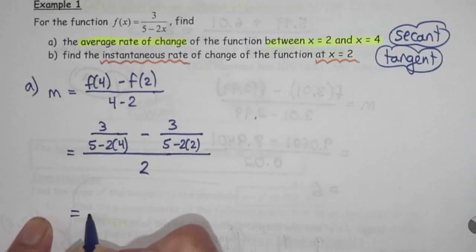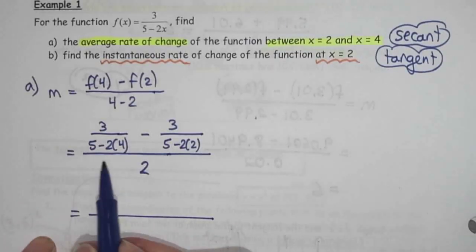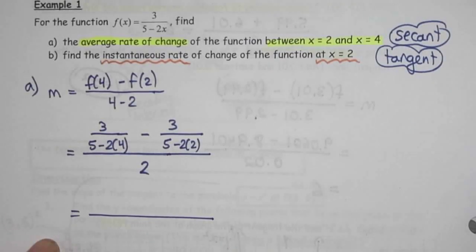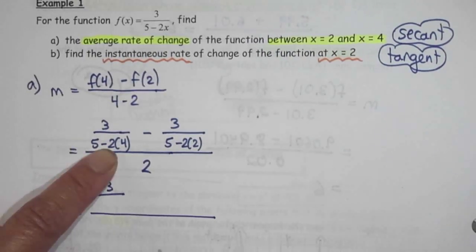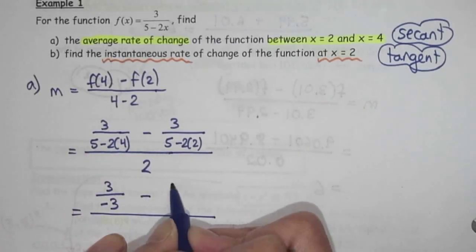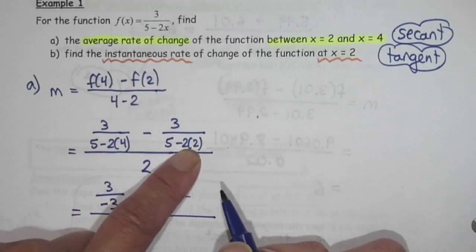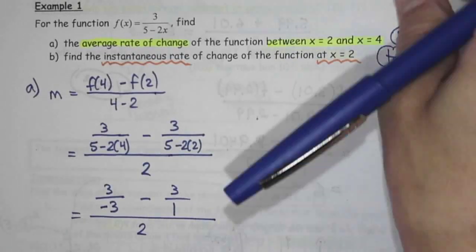Okay, and then we're going to calculate. I always center my equals like this so I know it's not off center. Then I go 3 over 5 minus 2 times 4, which is 5 minus 8, so can I skip that and just do -3? Okay, and then minus 3 minus 4, so just 1. We'll skip that step. And then it's over 2.